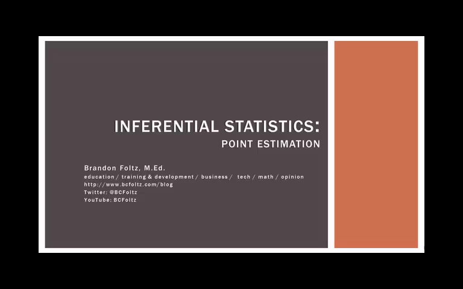So we select samples off the end of the assembly line and we check them for whether or not they are within tolerance of our quality control. Now we cannot do that for every product that comes off the line. So we select a sample of those and then we sort of infer that if those are okay, then everything else coming off the line should be okay as well. And that's the idea about point estimation. We're making some estimation about a larger characteristic of a population using sampling techniques. Let's go ahead and take a look at an example.